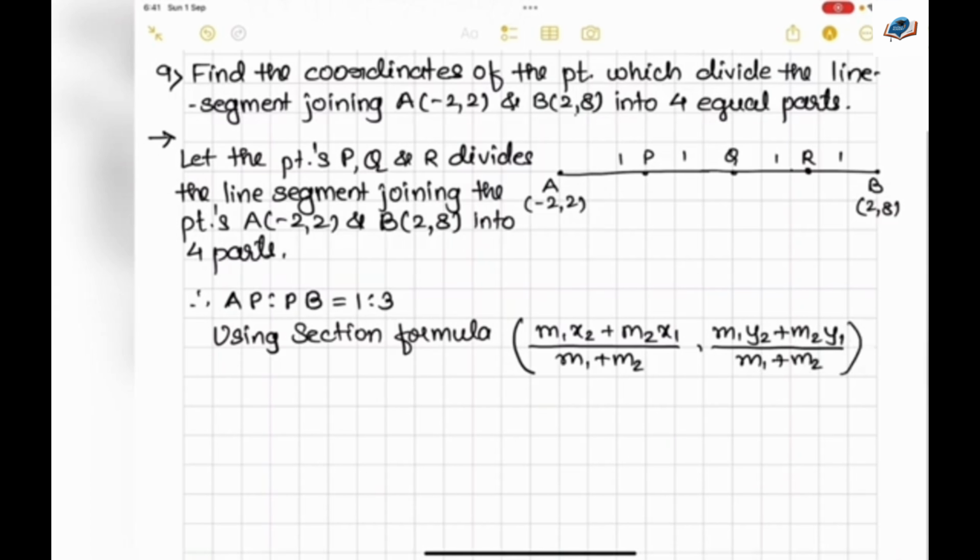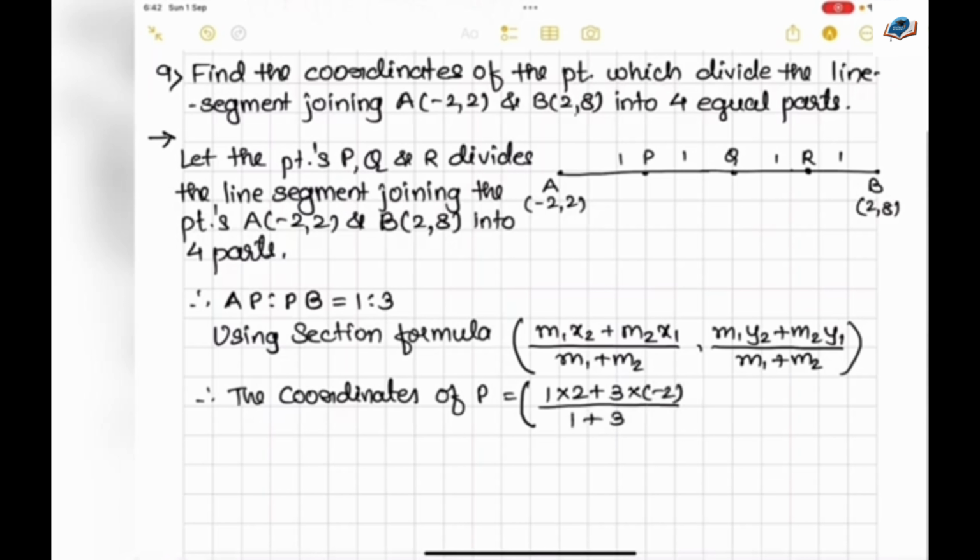So therefore the coordinates of P will be equal to (1 into 2 plus 3 into minus 2) upon (1 plus 3), comma (1 into 8 plus 3 into 2) by (1 plus 3). So that will be equal to minus 4 by 4, comma 14 by 4. So that will be minus 1, comma 7 by 2.